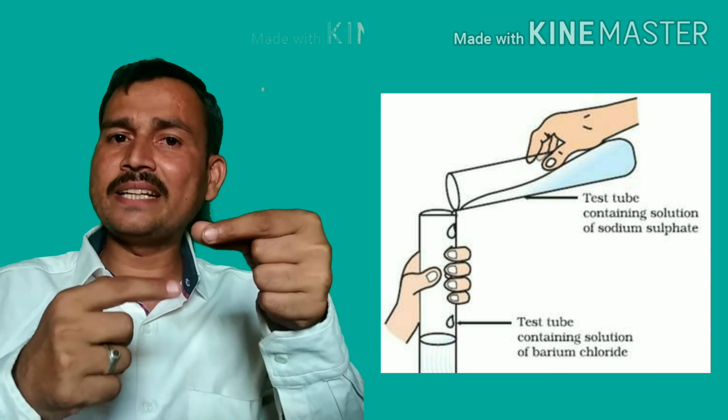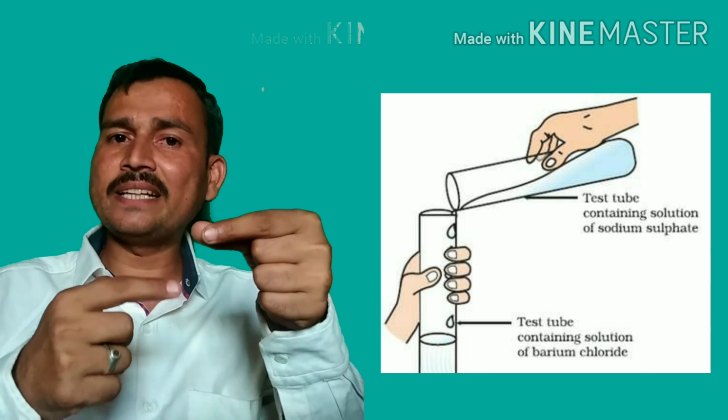What is that? Take sodium sulfate, Na2SO4, plus barium chloride. Both react and form barium sulfate plus sodium chloride salt. The barium sulfate is the insoluble white substance. Here, two different atoms or groups of atoms exchange their atoms, which is called a double displacement reaction.